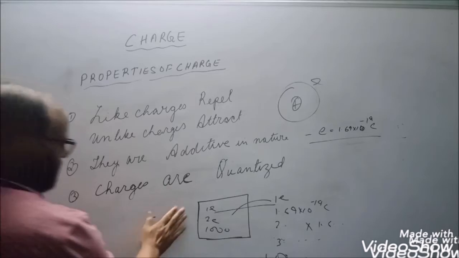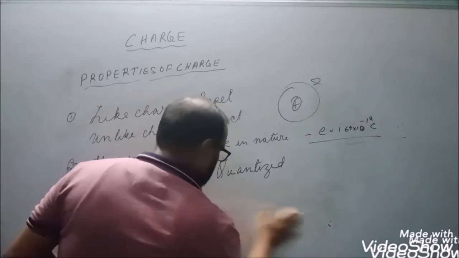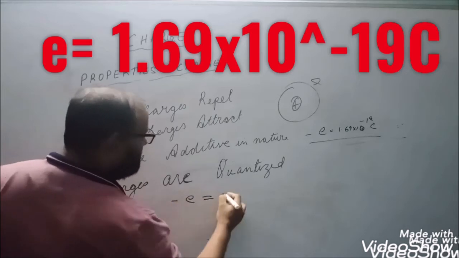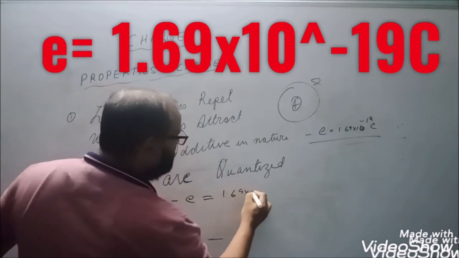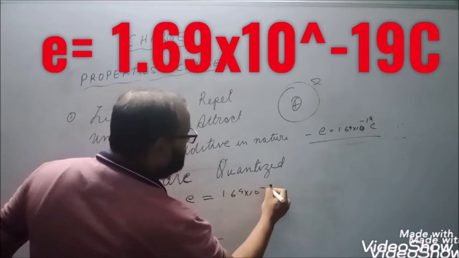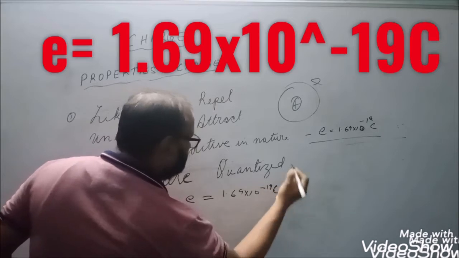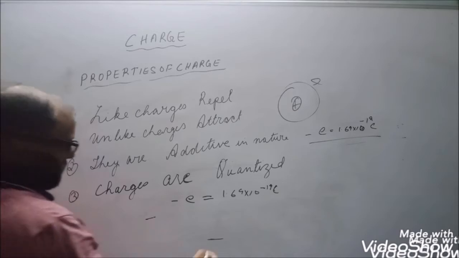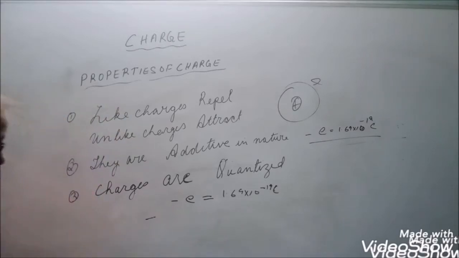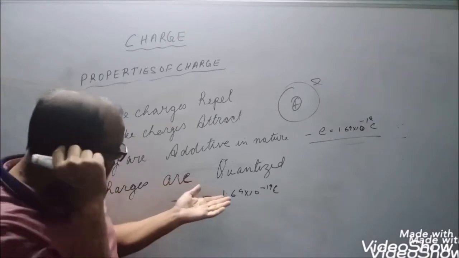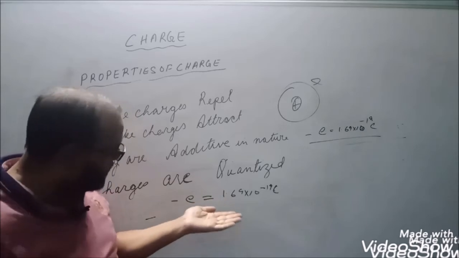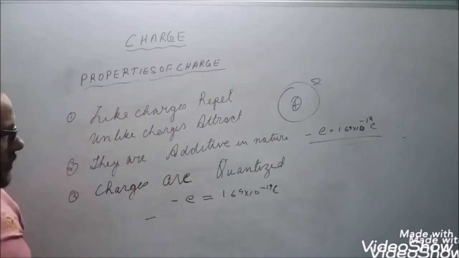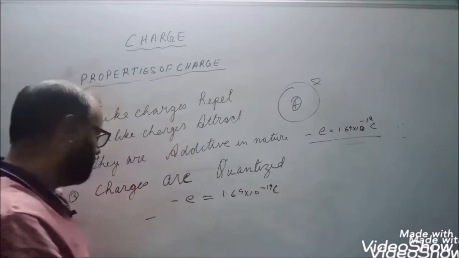Now let us come to the point. When I write E, it is understood, minus, it is 1.69 into 10 to the power minus 19 coulomb. It is told that quantized means either it will be 1.69 or twice 1.69 or thrice 1.69.